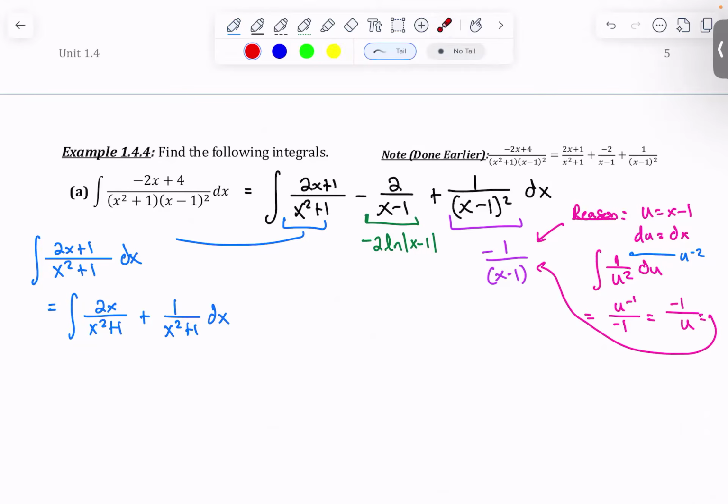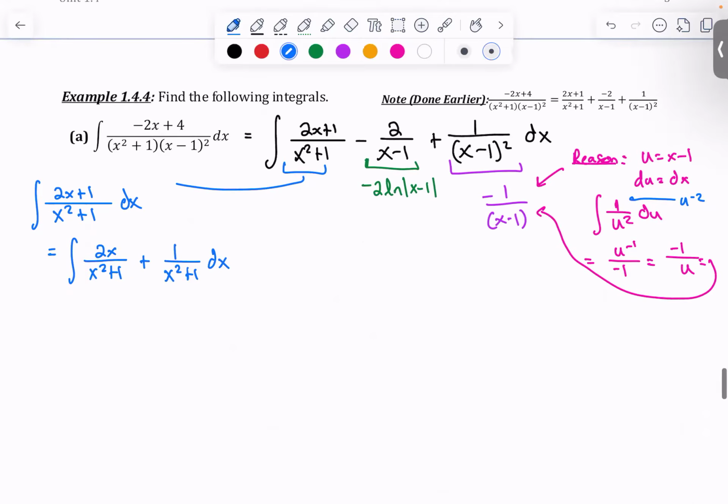The reason I did that is this is a nice quick integral. We already know what this is: tangent inverse. No big deal. And this one, we've got an x squared in the denominator and an x to the first power in the numerator. We can do a simple u substitution. So we'll make this just equal to tangent inverse of x.